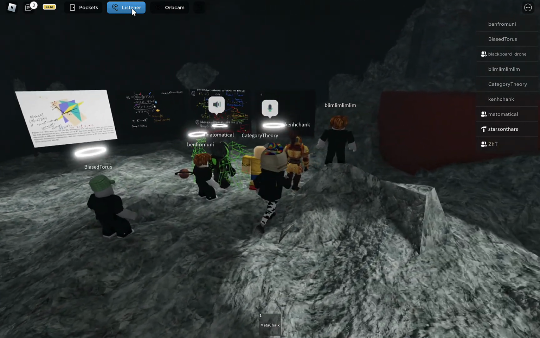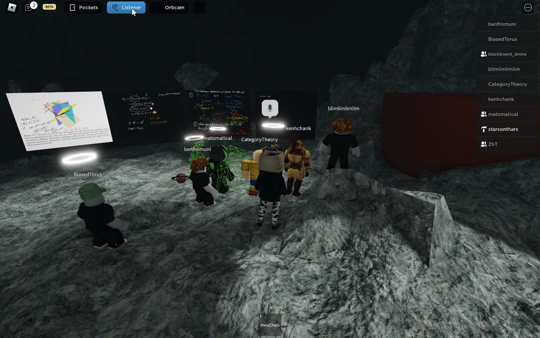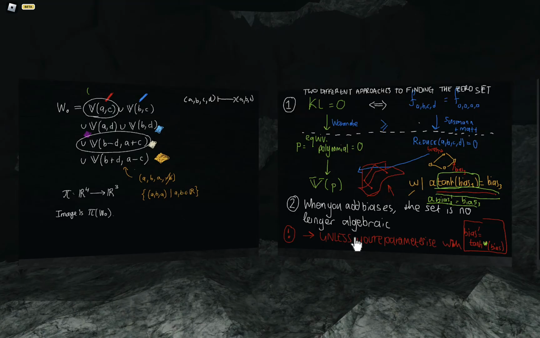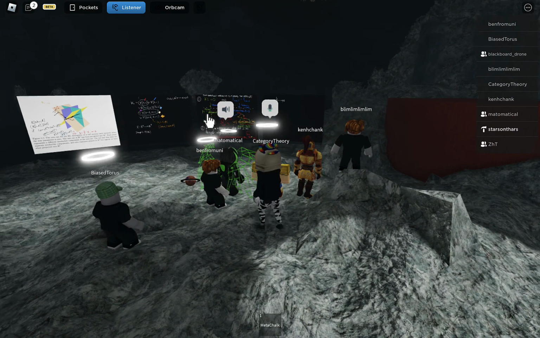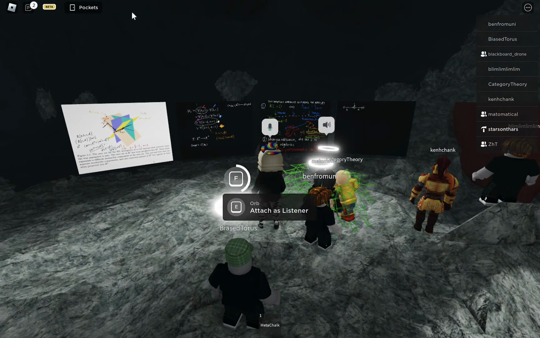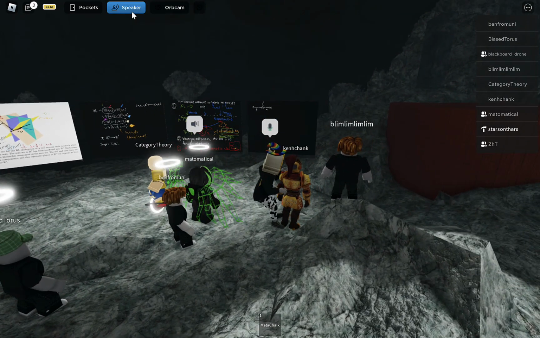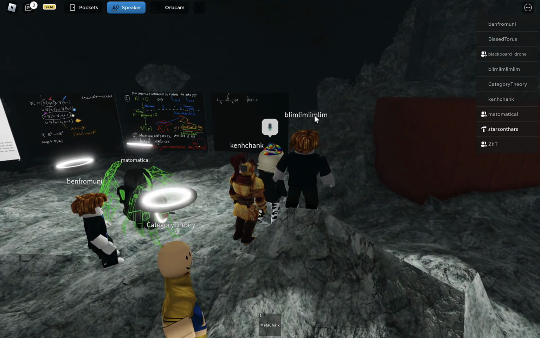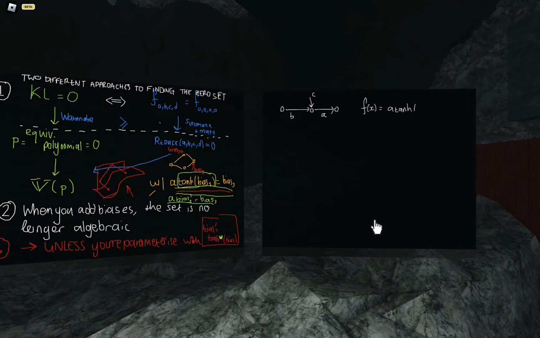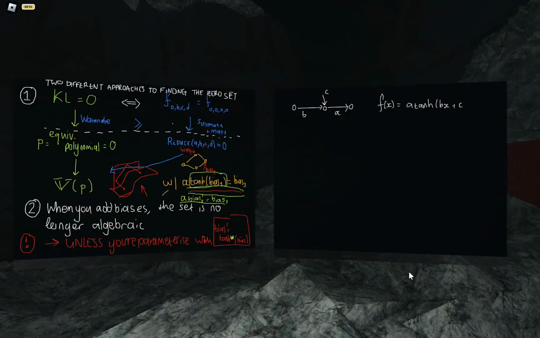So let's consider a single unit network with a bias. I'm going to call the parameters A, B, and C. The function is f of x equals A tanh(bx plus c), plus, sorry, I have to have a bias here as well, d.